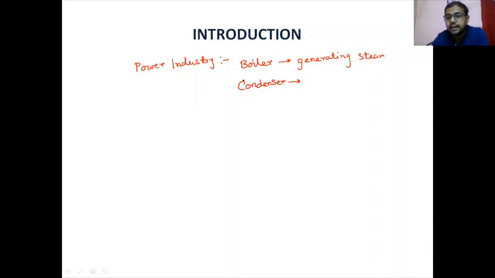Other than the boiler and condenser, there are a lot of heat exchangers also. What is a heat exchanger? We'll thoroughly discuss it later in this course. So in the power industry, there are enormous applications of heat transfer.